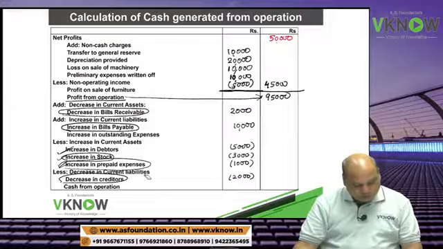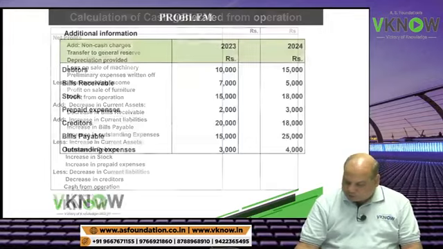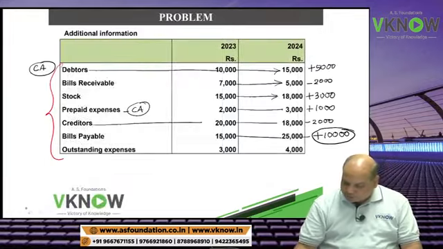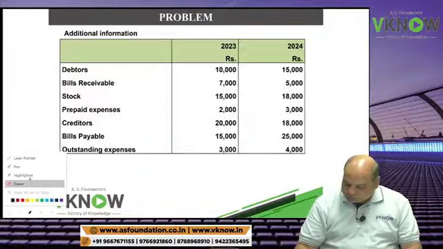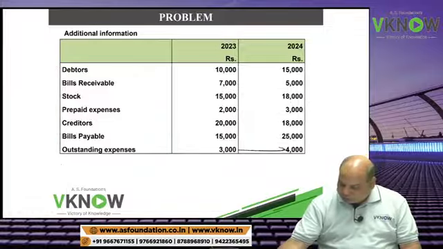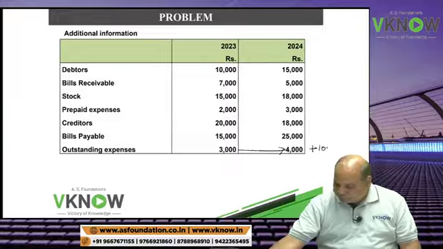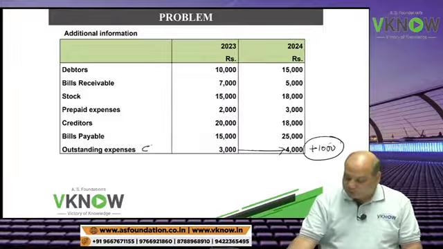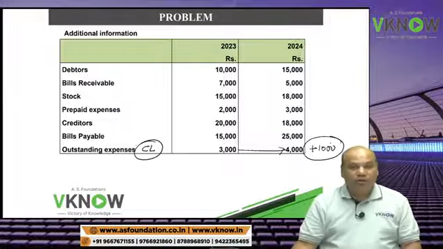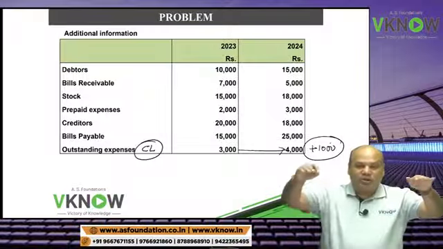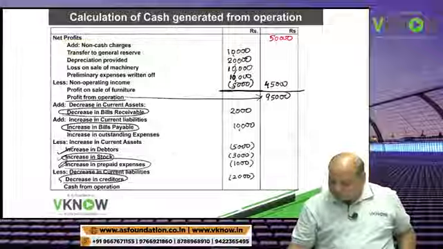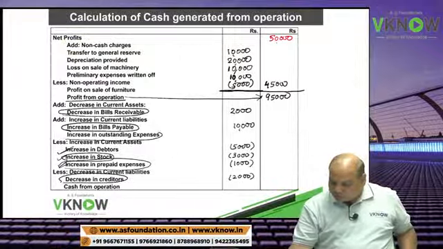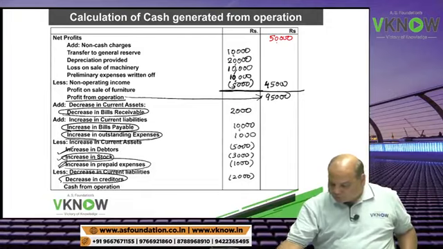Okay, last item, outstanding expense. Outstanding expense from 3 to 4 is 1000. This is a current liability item. Increase in current liability, increase in cash flow. So add somewhere in the center, increase in outstanding expense 1000 positive.